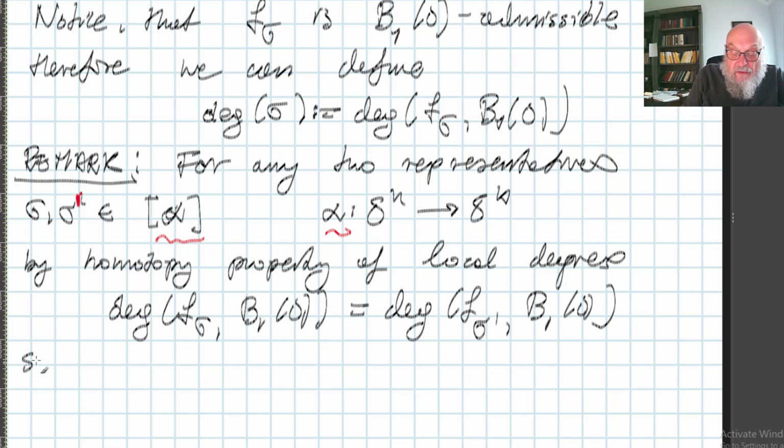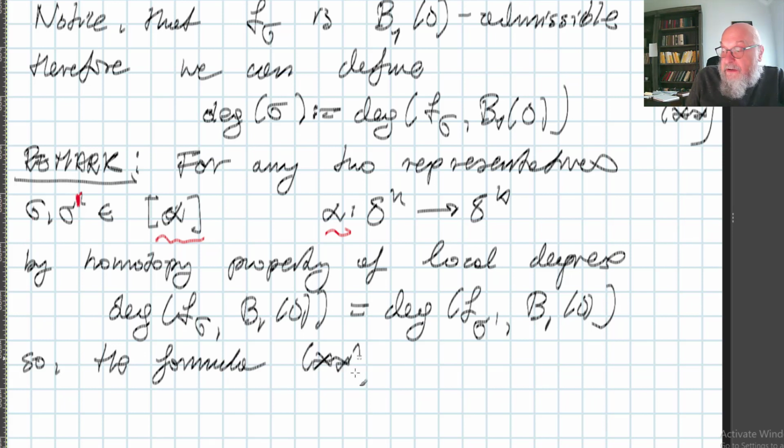So call this formula double star. So the formula double star defines a map that is actually written like this.